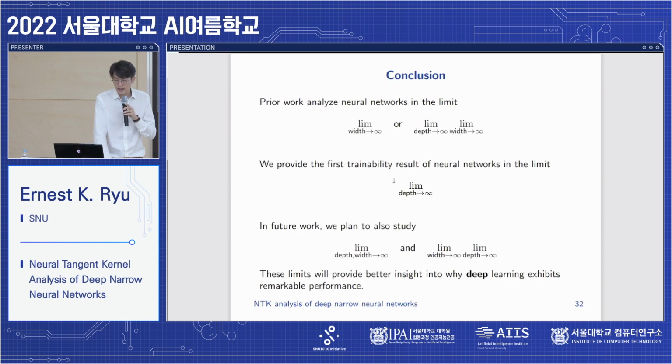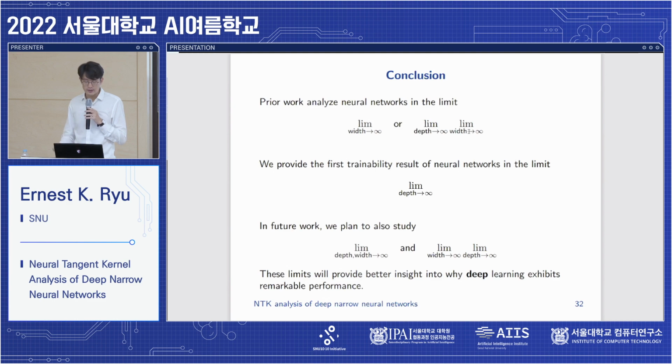Let me conclude. Prior work in this area analyzed neural networks in the infinite width limit, in which the width becomes infinite first, and then they consider the limit in which the depth becomes infinite. You can think of this sequence of limits, width first and depth second, as the limit in which the width is much, much larger than the depth.